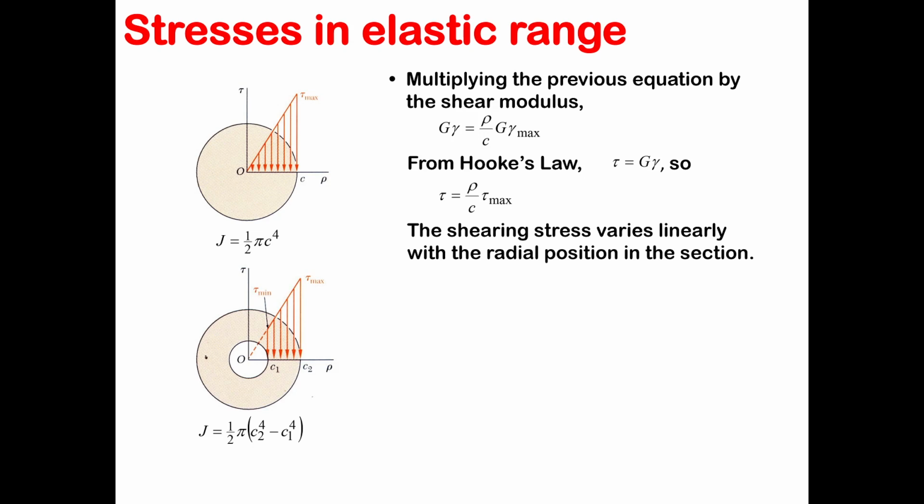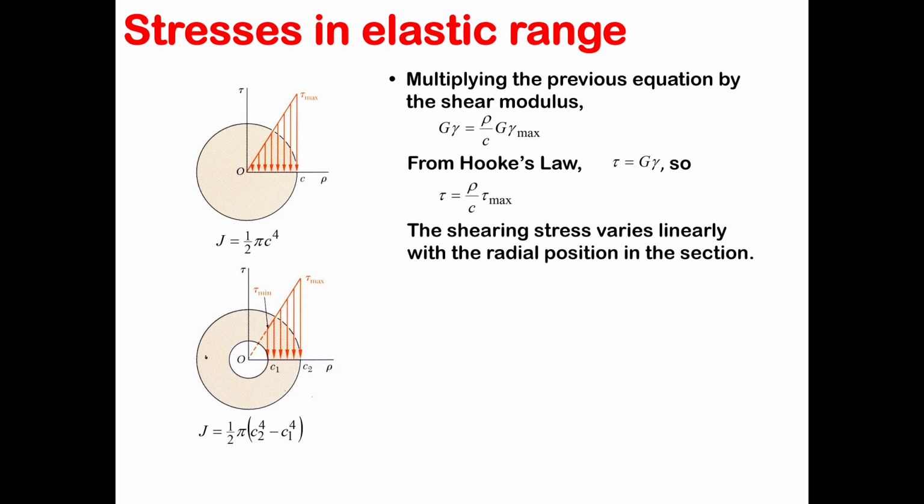Your tau is going to be equal to rho over C, tau max, right? Which helps us to conclude that the shearing stress varies linearly with the radial position in the section.